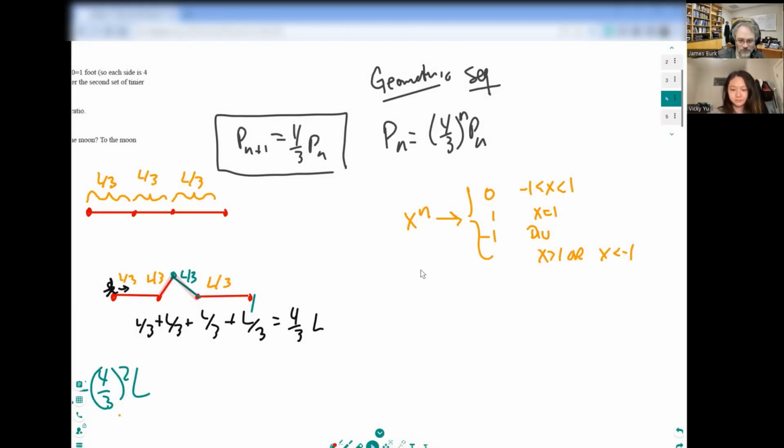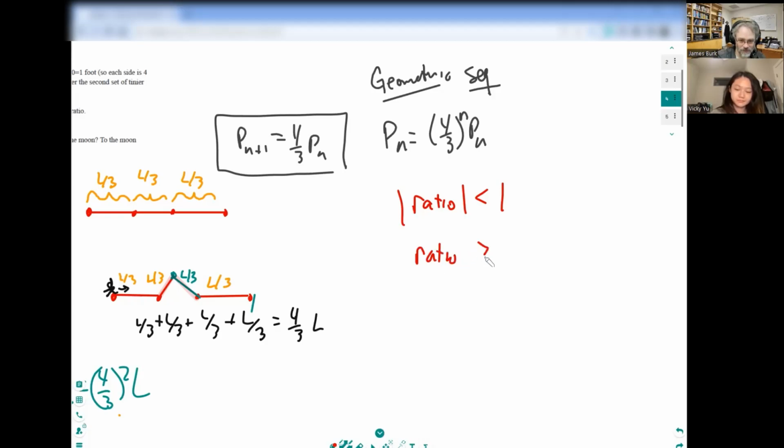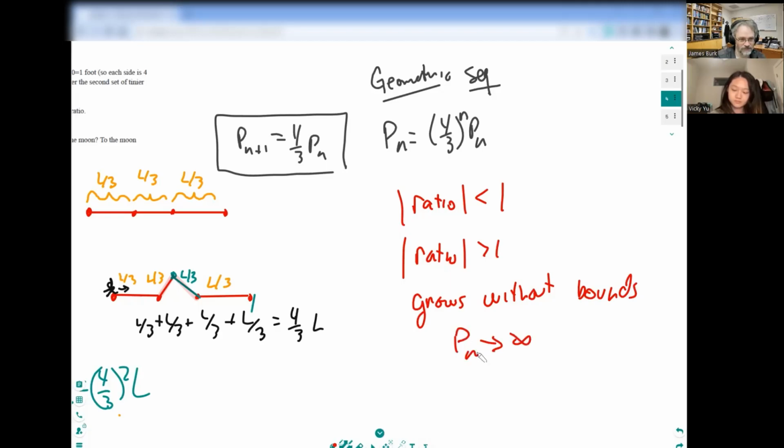So the only thing that really makes much sense here is if x, the piece that you're powering up, your common ratio, if that ratio value is less than 1, it will converge. It converges to 0. But if that ratio is bigger than 1 in magnitude, this thing grows without bounds. There's no stopping it. And that's where we get this thing going off towards positive infinity.